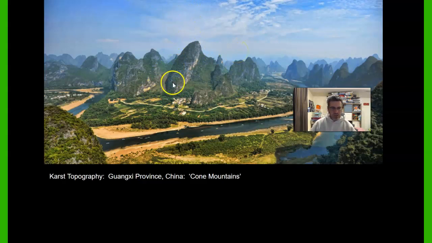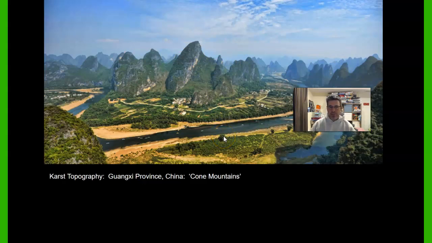The water falls, seeps into cracks, and creates massive sinkholes and really steep valleys where these cone mountains are left behind in their wake. And then these become rounded out by continuous rainwater, continuous physical and chemical weathering of the limestone bedrock. Just amazing stuff. This landscape is called karst topography.